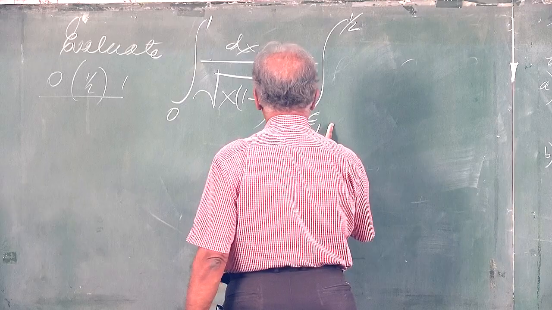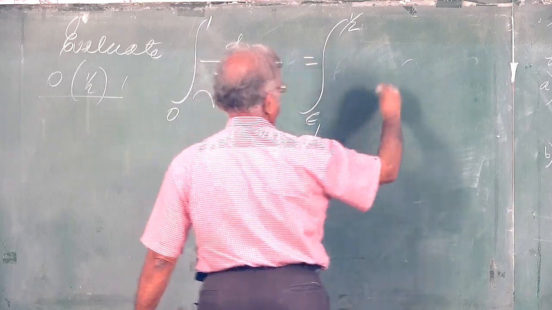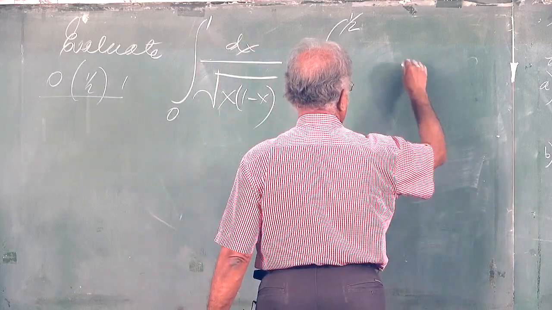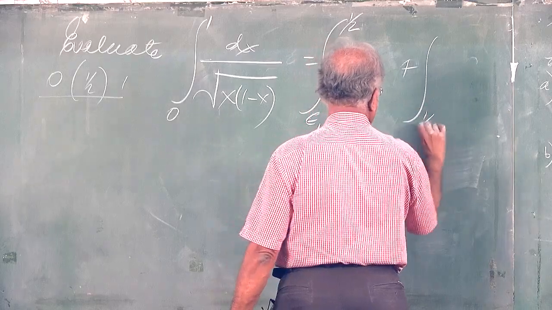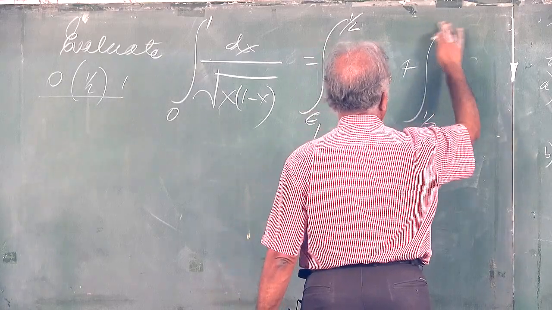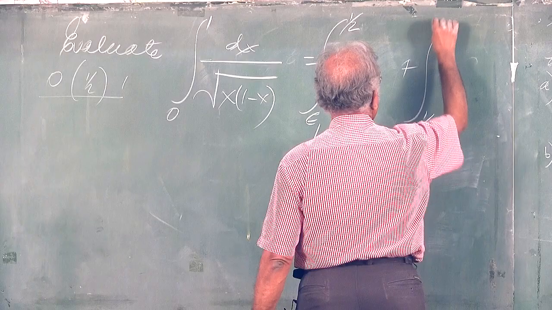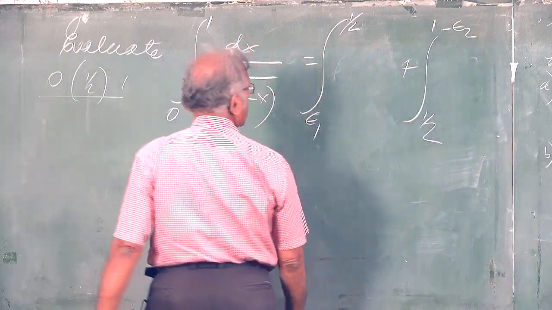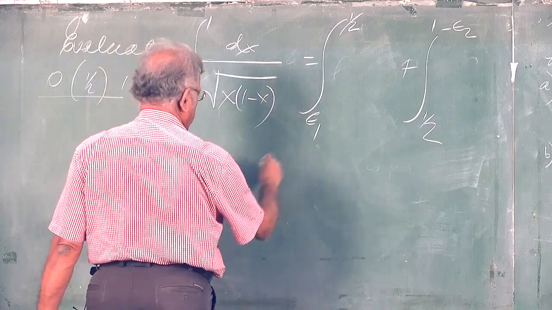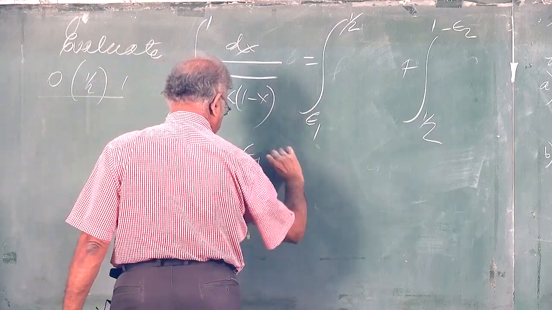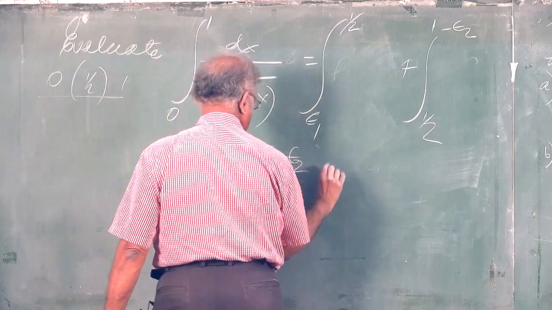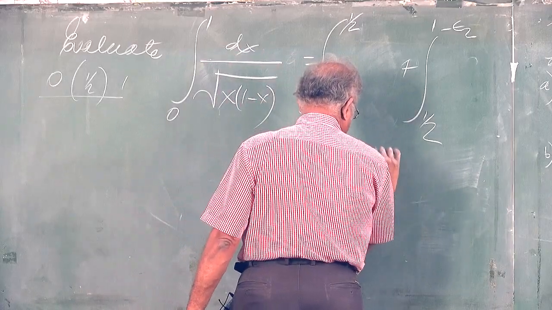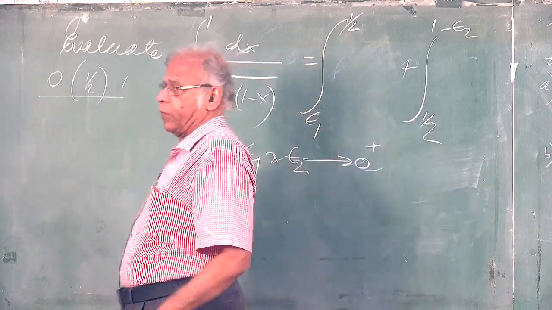So from epsilon 1 we integrate up to half, and then from half we integrate up to 1 minus epsilon 2, where epsilon 1 and epsilon 2 tend to 0 from the positive side.